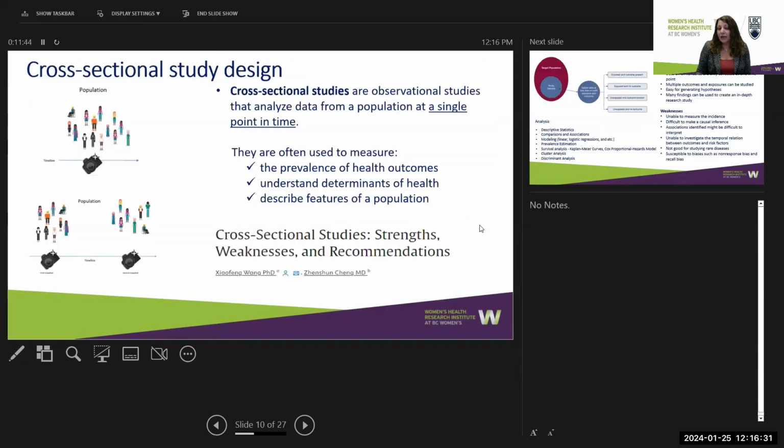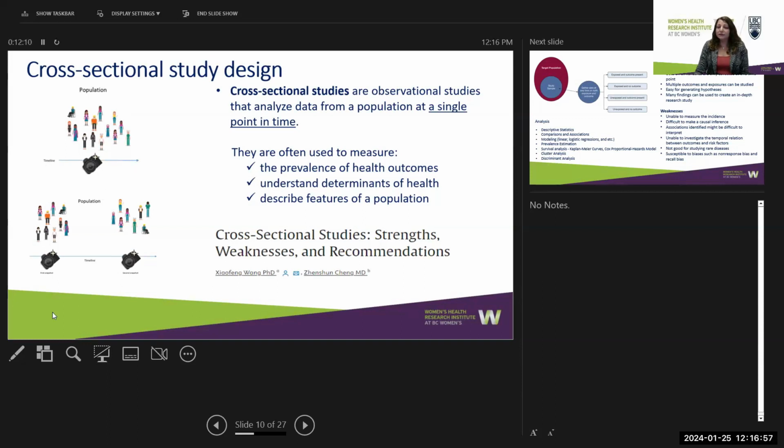So the next study design is one I'm actually very familiar with, and we do this type of study design a lot. This is the cross-sectional study design. Basically, on the left side you can see the picture. We have a population, and we have a snapshot of the population at one specific time point.